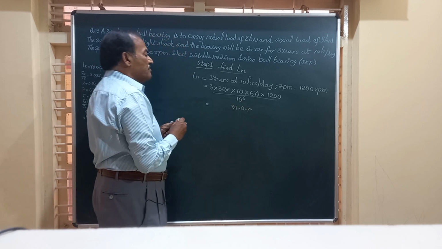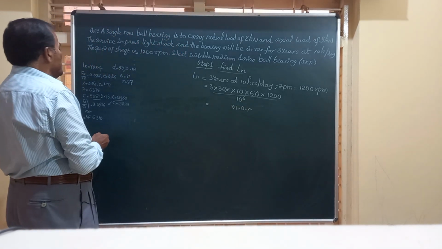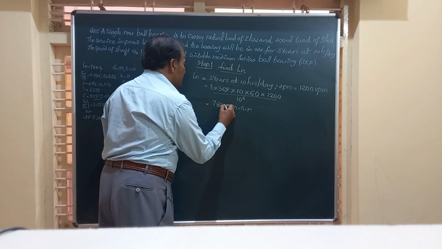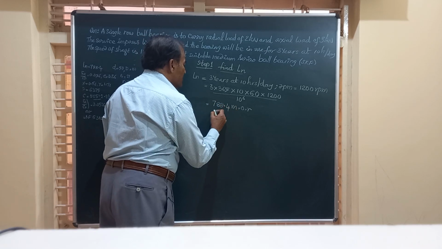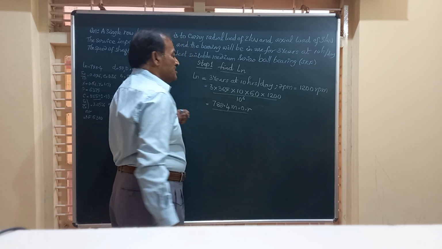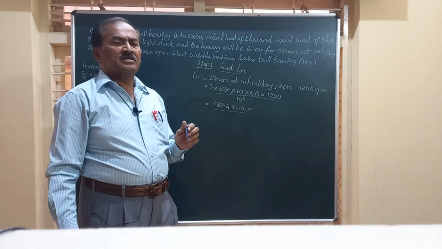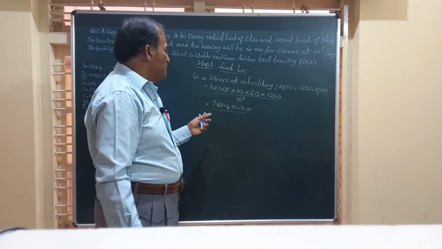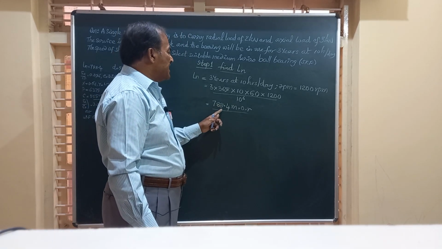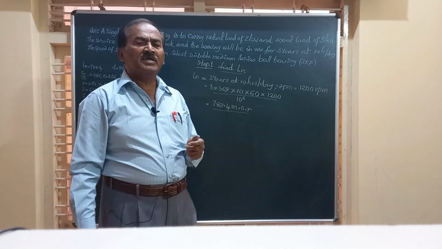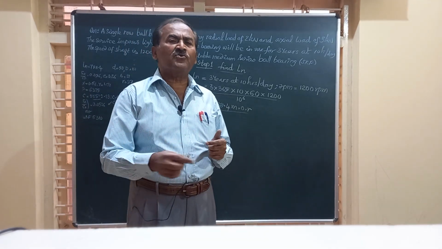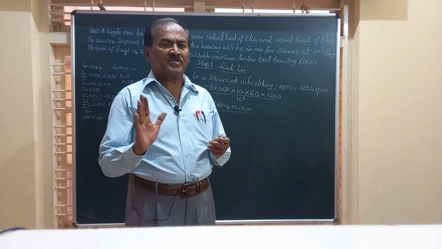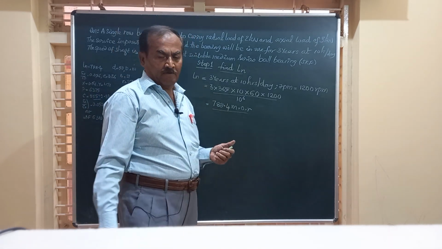We call it MOR, millions of revolution, and this works out to 788.4 millions of revolution. That is, we have to have a suitable bearing which will make 788.4 millions of revolution before it is discarded or thrown out from service. That's the meaning of this Ln.